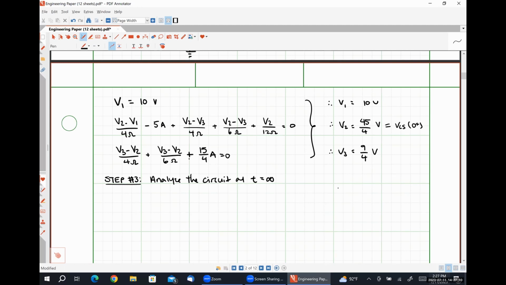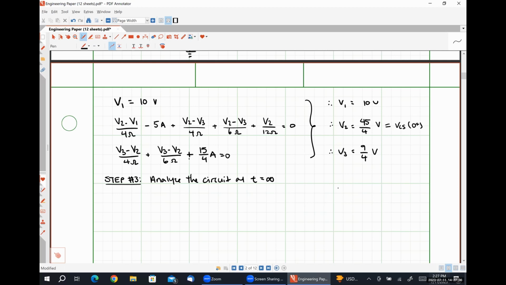And if it's a natural response problem, I won't. The way I make the test problems is going through the circuit step by step using these exact steps. And when analyzing the circuit at t equal to infinity doesn't actually give us anything useful, I, generally speaking, don't include it.